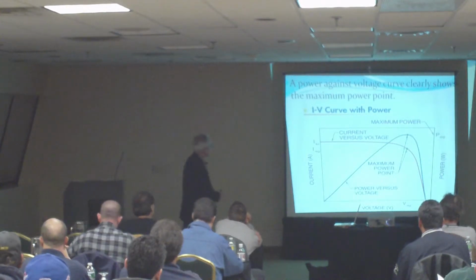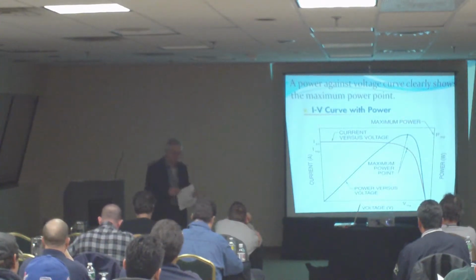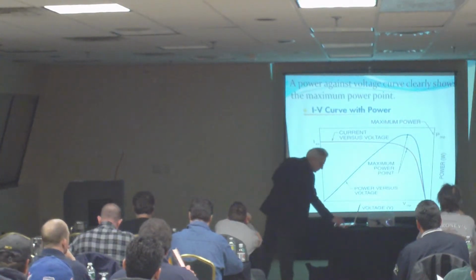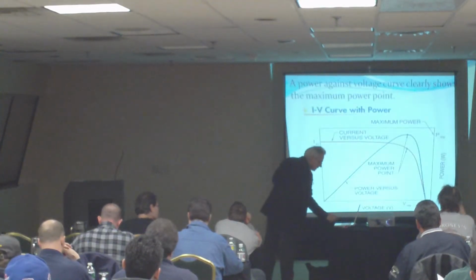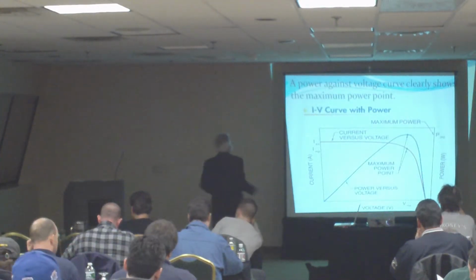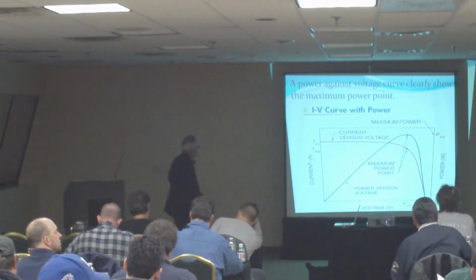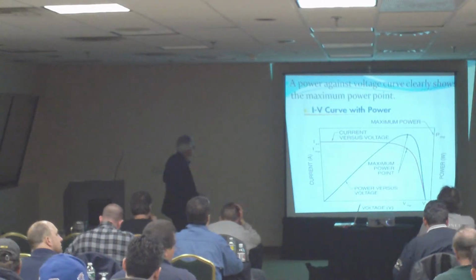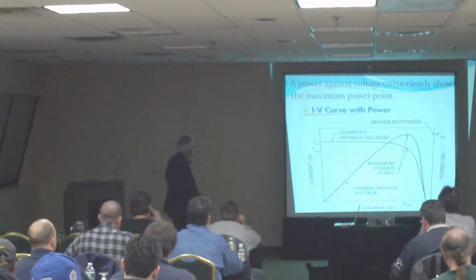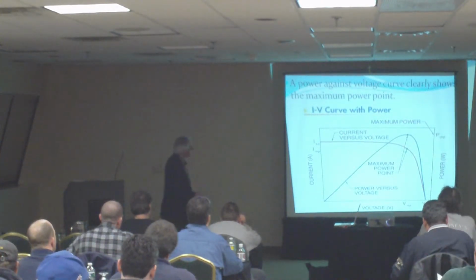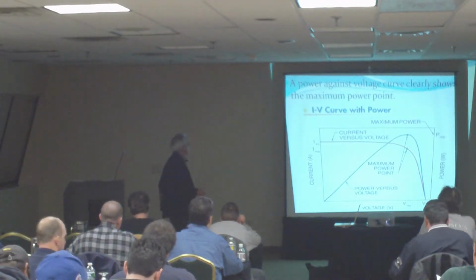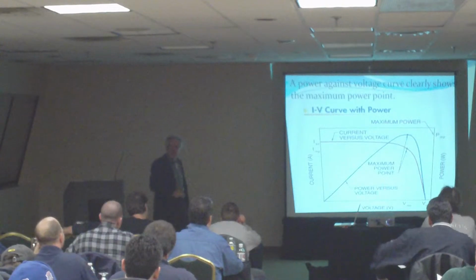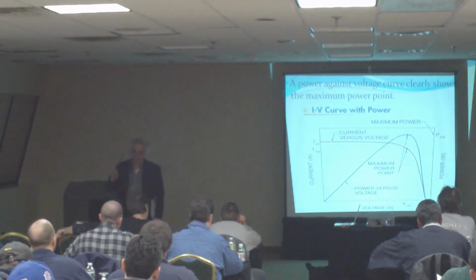Now, if I look at the specifications in here, if we plot voltage times current in here, we can actually figure out the condition where we can get the maximum power point, the maximum point that the power is at most.